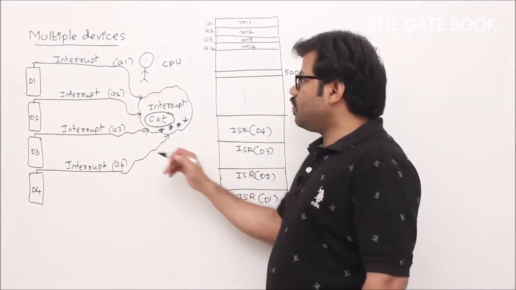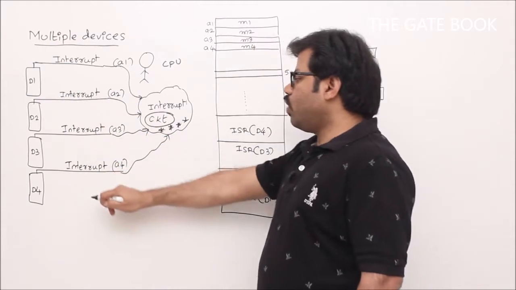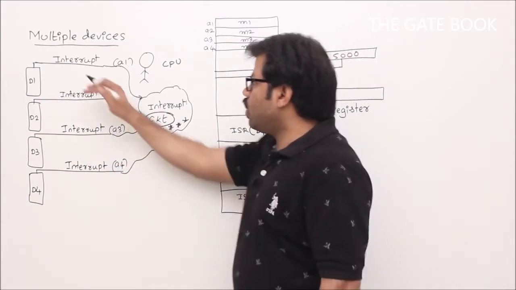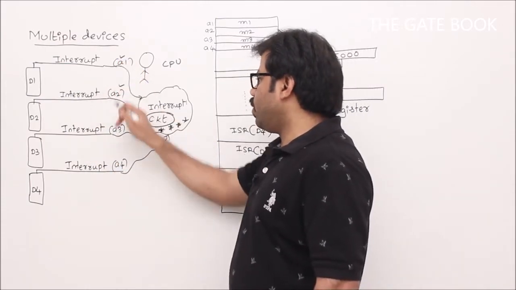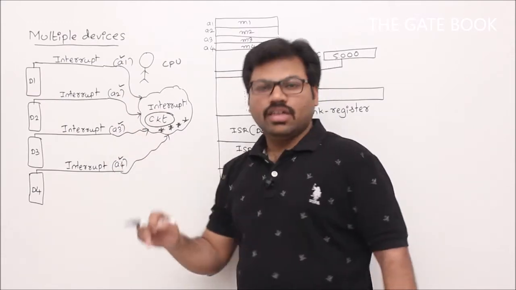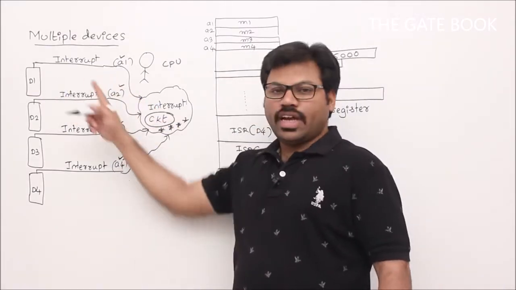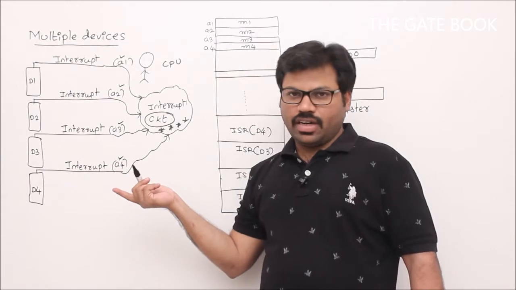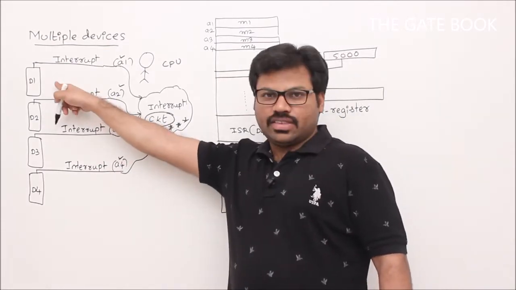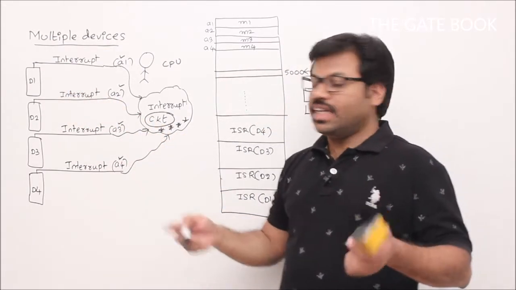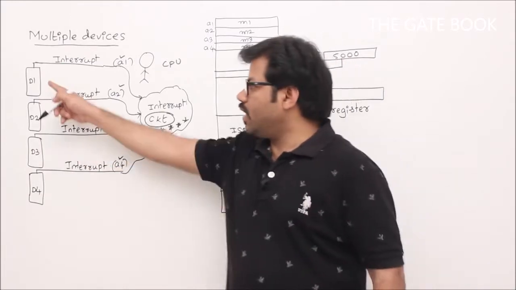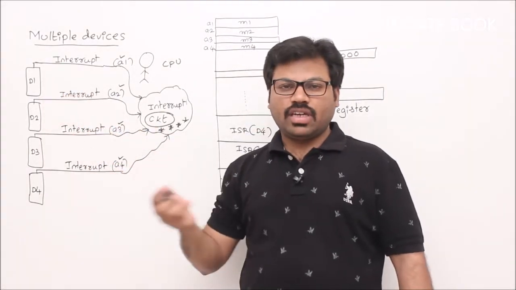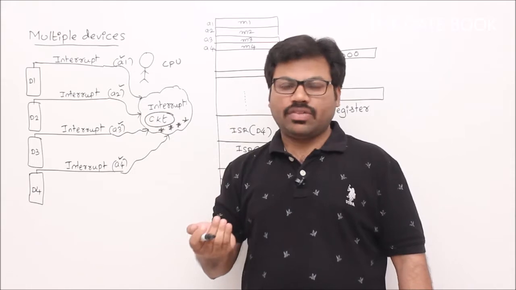What this circuit does is, the devices are going to know some addresses, A1, A2, A3, A4. What are they? Every device should have some interrupt service routine, meaning how to handle this device. Whenever a device interrupts, we have to service that device, and for that we need software, the interrupt service routine.